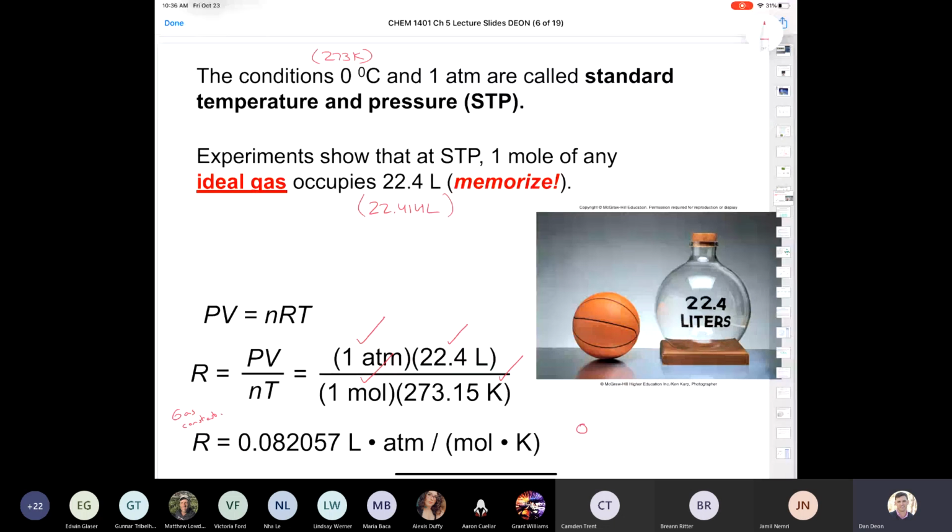I usually write it like this, 0.08206, because usually we don't need more than 4 sig figs, liter atmospheres per mole K. That's how I will write it probably 99% of the time.